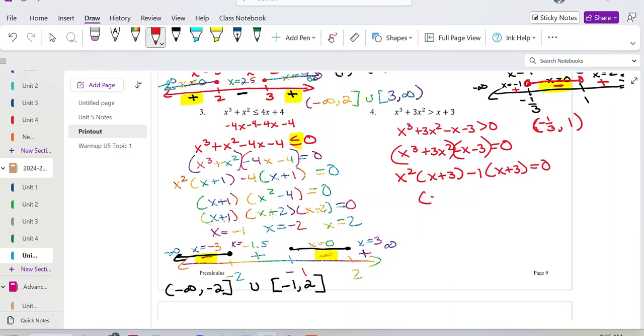So notice one factor is x plus 3. The other one is x squared minus 1. And when you factor here, you get x minus 1 times x plus 1. So that means that there are three numbers, negative 3, positive 1, and negative 1.